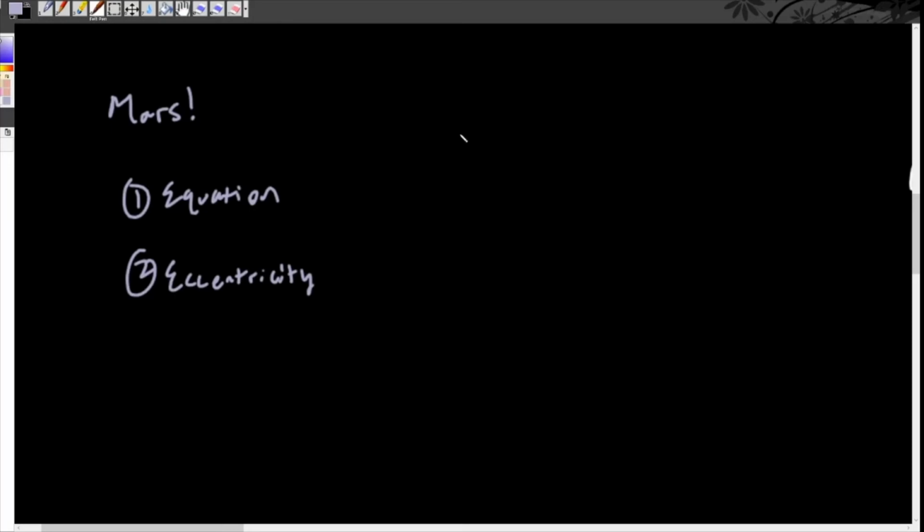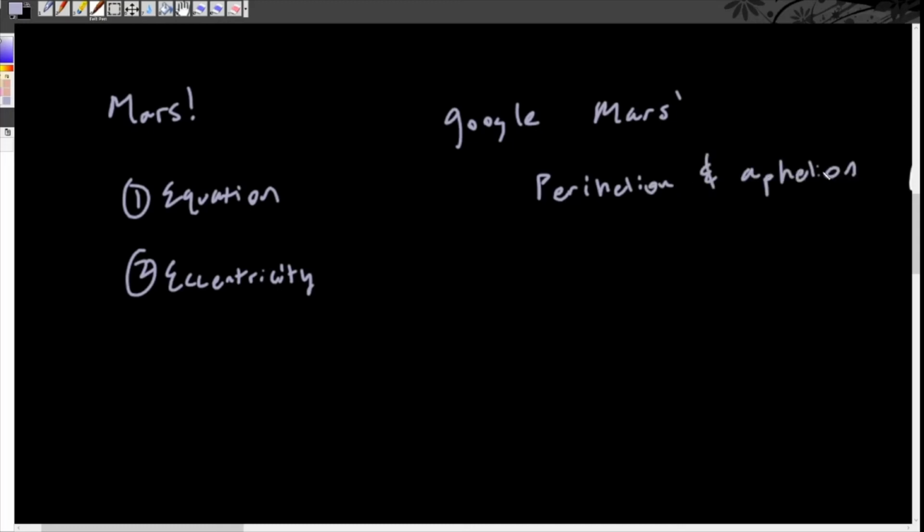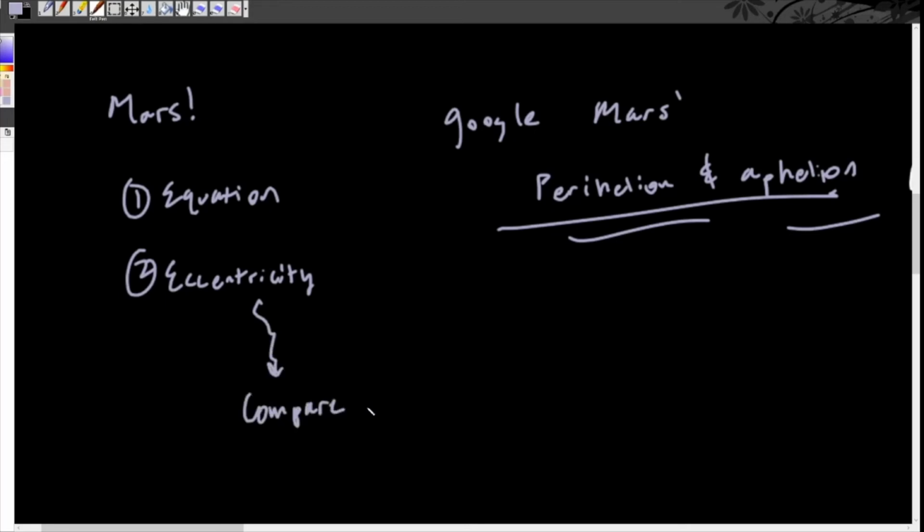I would like you to do this by Googling Mars's perihelion and aphelion, and go through this entire same exact process. So get these values from some source, Wikipedia is fine, and then find the equation and eccentricity. So that is the homework, just one problem. And then once you get this, you can compare with the known value. Any questions?